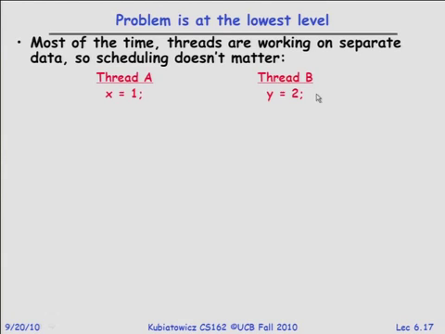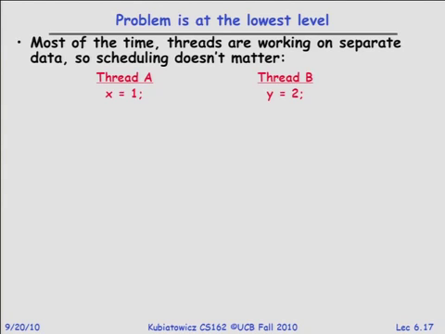Is that a problem? It doesn't matter whether they do it at the same time or different times or before or after. Why? The data is different. So this is an example where the threads are not sharing data, and so the interleaving doesn't matter.